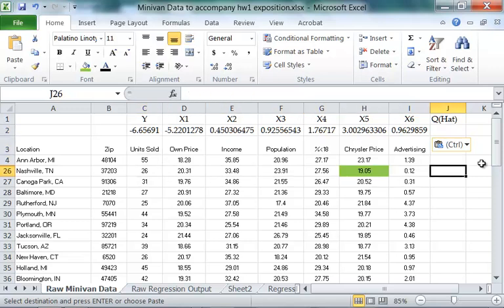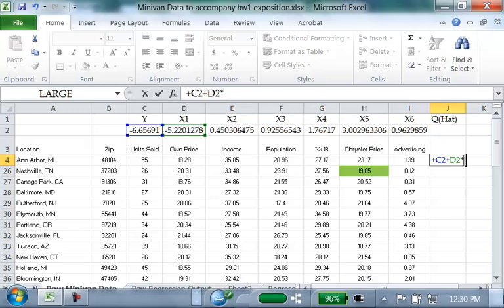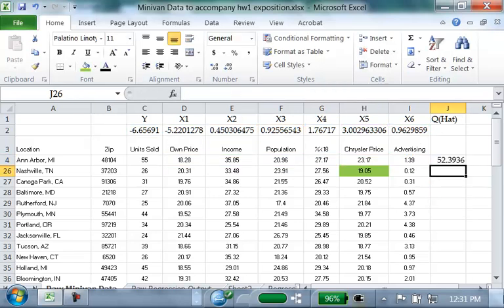So if I'm trying to figure out the actual expected quantity sold, or what my model told me we would sell, and I'll do it for Ann Arbor, it says you're going to be able to sell -6 units plus the coefficient times your own price plus the coefficient times income plus the coefficient times population plus the coefficient times percentage under 18 plus the coefficient times Chrysler price plus the coefficient times advertising.